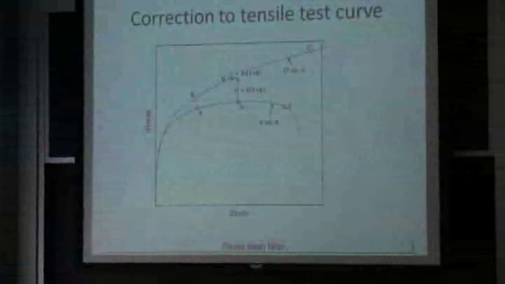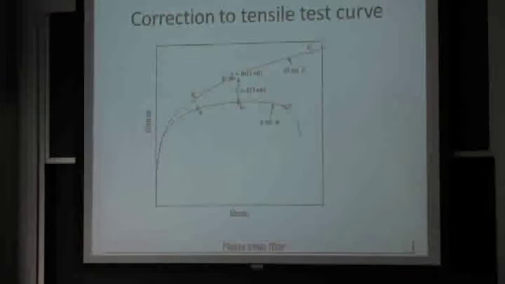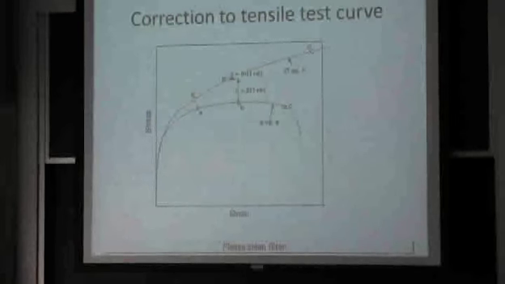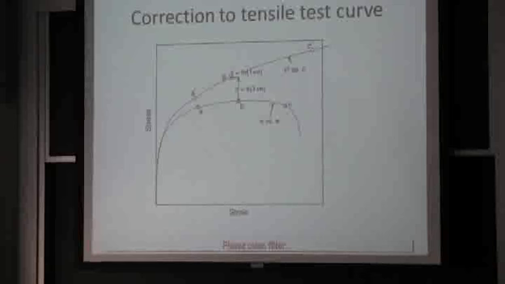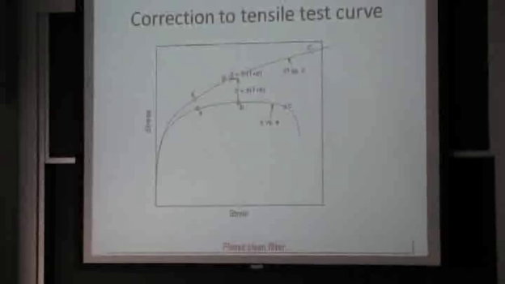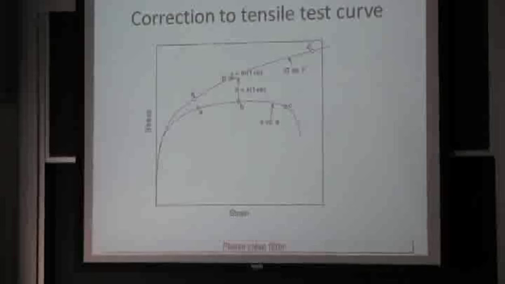Okay, we talked about the stress strain curve, and I told you to think about the fact the material keeps becoming stronger. All right, and this gives you a formula here on how to go from what we call an engineering stress strain curve to the real true stress, true strain curve.